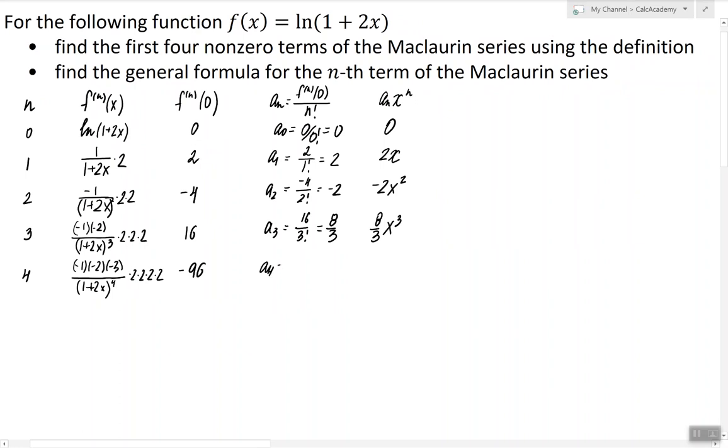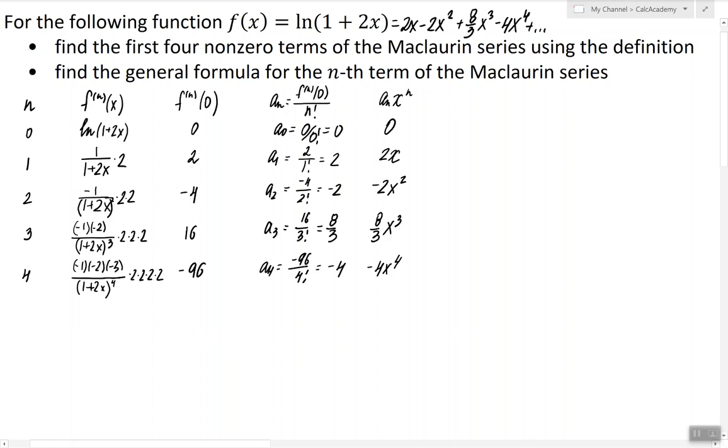And finding a4, it's negative 96 over 4 factorial, which is negative 4. So the term is negative 4x to the power 4. So the first 4 terms of the Maclaurin series are, so I'm going to write this here, 2x minus 2x squared plus 8/3 x cubed minus 4x to the power 4.